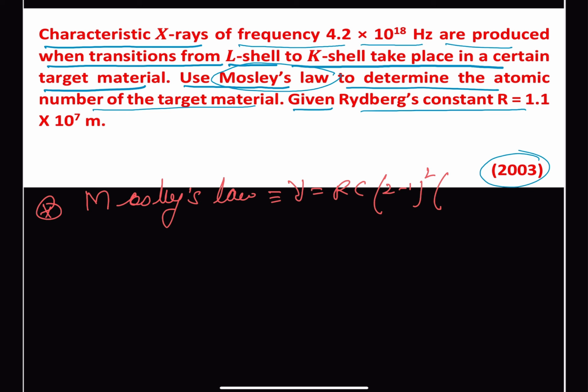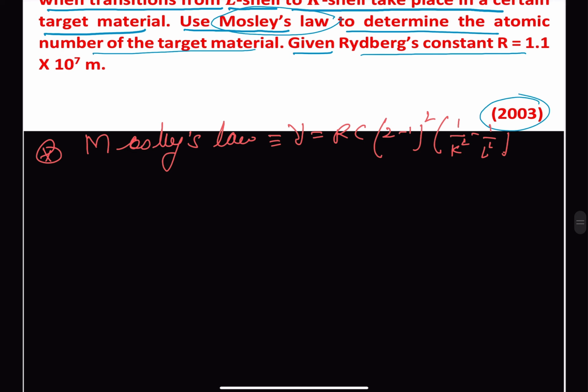So we can write this as 1 upon K squared minus 1 upon L squared with respect to their shells, and we can just substitute the values.